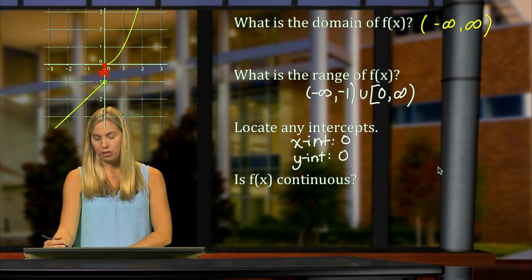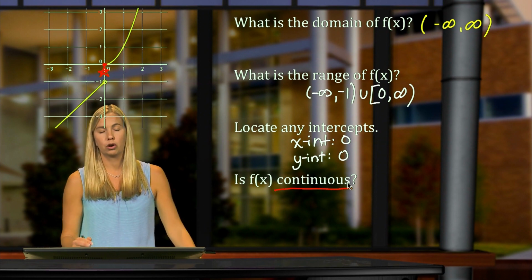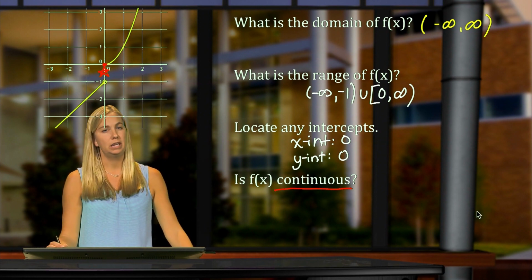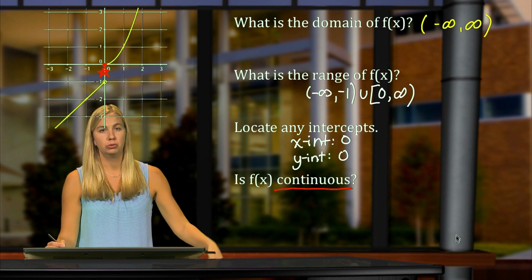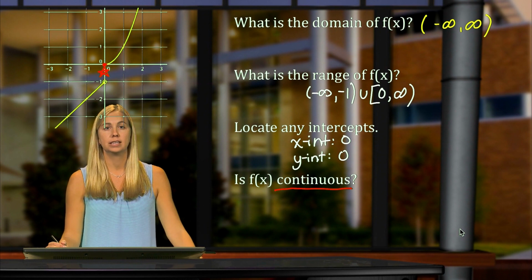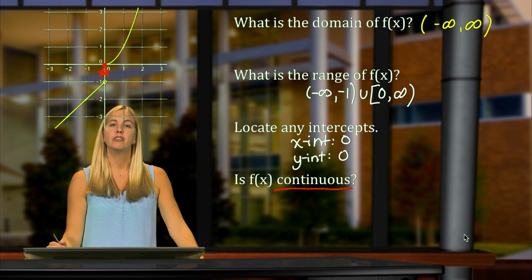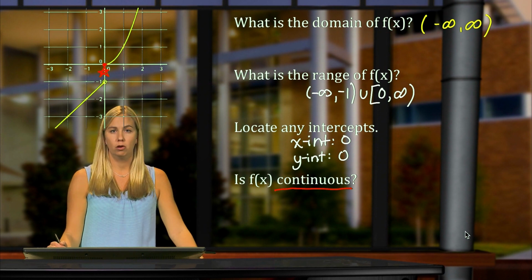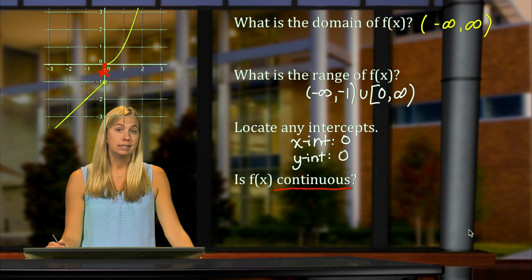And then we talk about whether or not this function is continuous. Now, I mentioned this word earlier, but what do we think continuous means? I had a teacher back in high school who, when she was describing continuity to us, asked us whether or not we could draw this picture, draw this graph, without picking up our pencil. If we can draw it without picking up our pencil, then it is continuous.